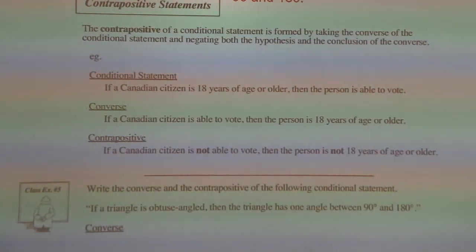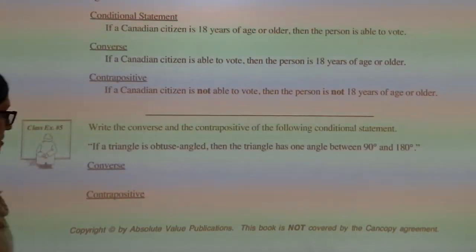So let's work on this example. Here's my conditional statement. If a triangle is obtuse angle, then the triangle has one angle between 90 degrees and 180 degrees. So if I write the converse of that, what would the converse look like? If the triangle has one angle between 90 degrees and 180 degrees, the triangle is obtuse. Yes.